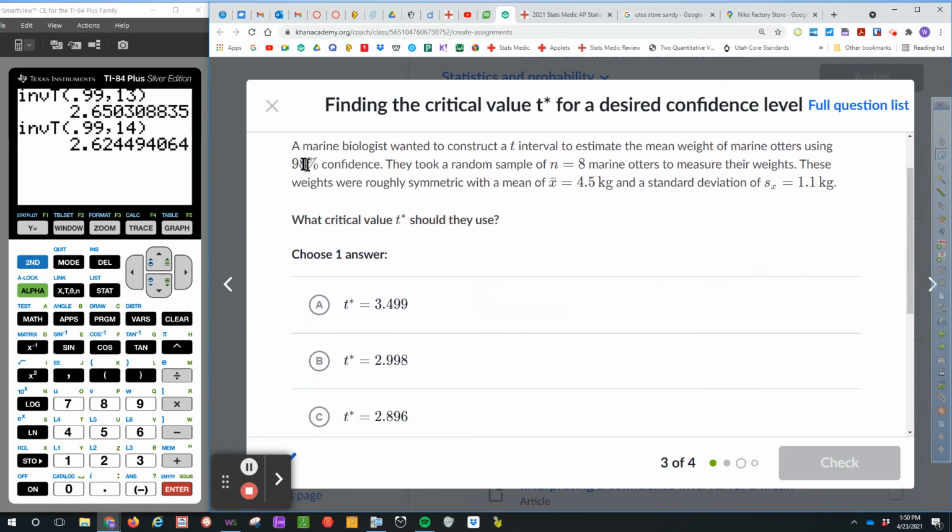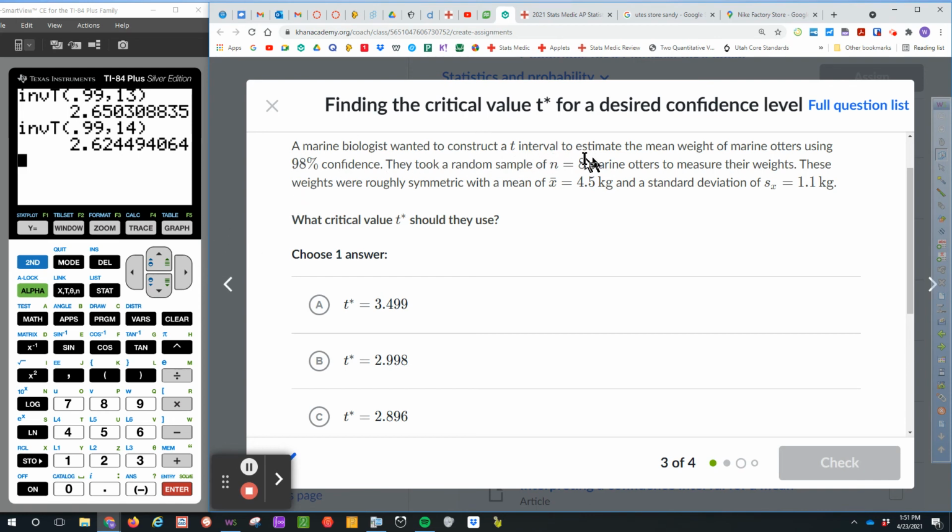Okay, so take a look at this. If the confidence level is 98, the area to the left is going to be 1 added to it, because 100% minus 98 is 2%, and 2% divided by 2 is 1%. So 1% is in the tail, and 1 plus 98 is 99%, so it's 0.99.